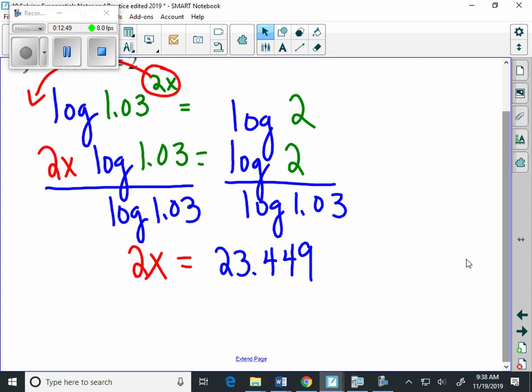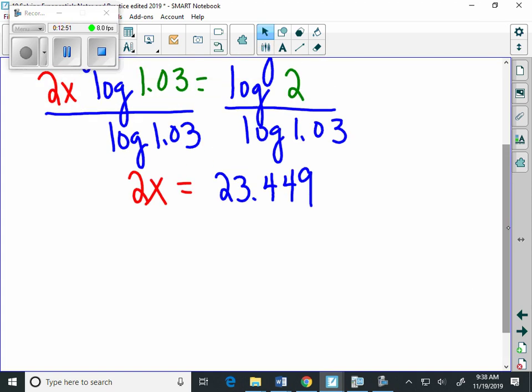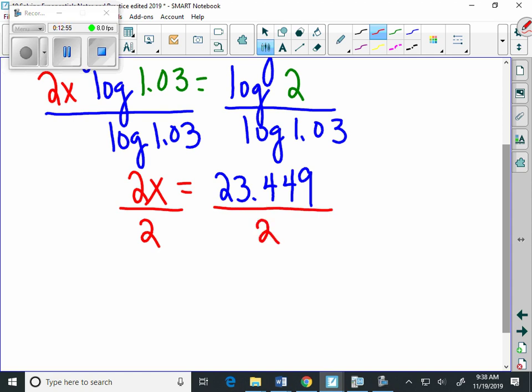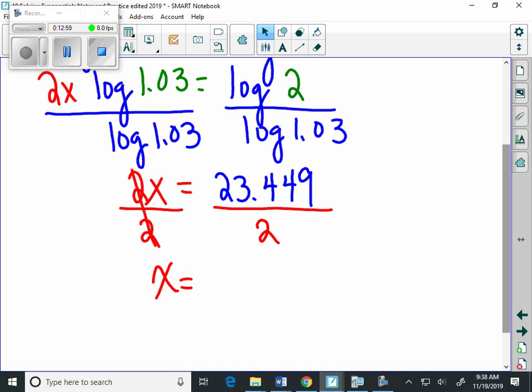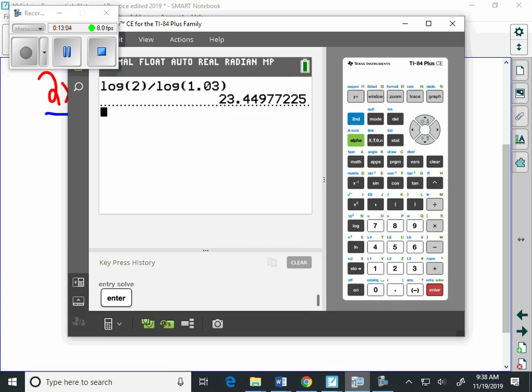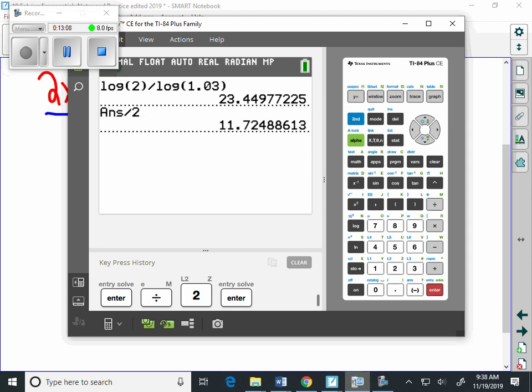So we're going to finish by dividing both sides by 2. And now all that we're going to do is take the number that's in our calculator and divide by 2. Now we round. Don't round before that.